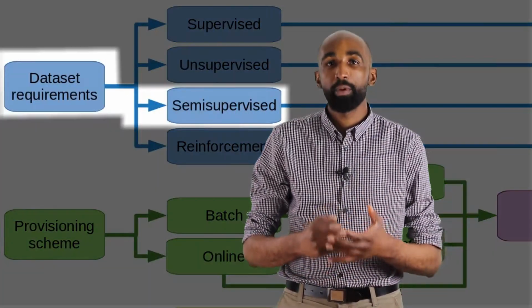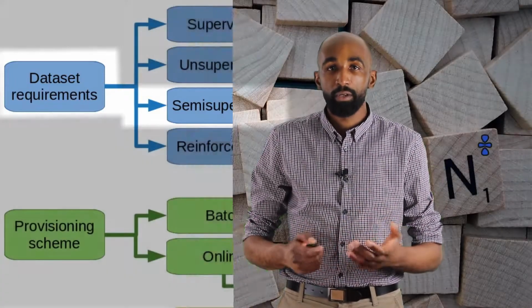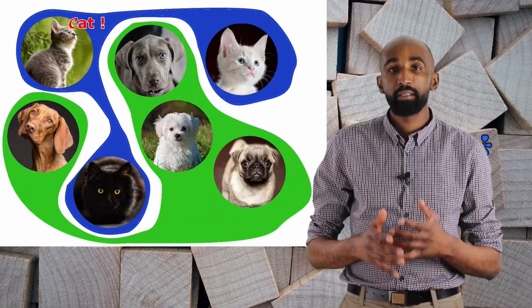Taxonomy by dataset requirements. Semi-supervised learning. Semi-supervised learning mixes unsupervised and supervised learnings. For example, imagine a face recognition software which also tags the name of a recognized face.